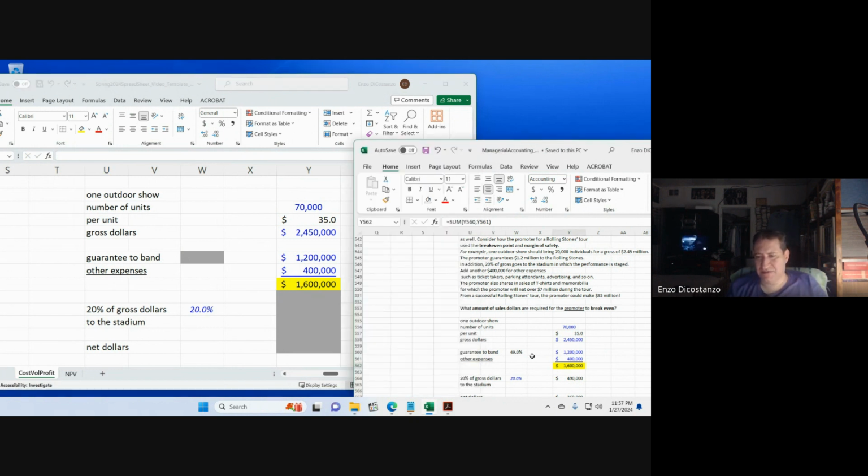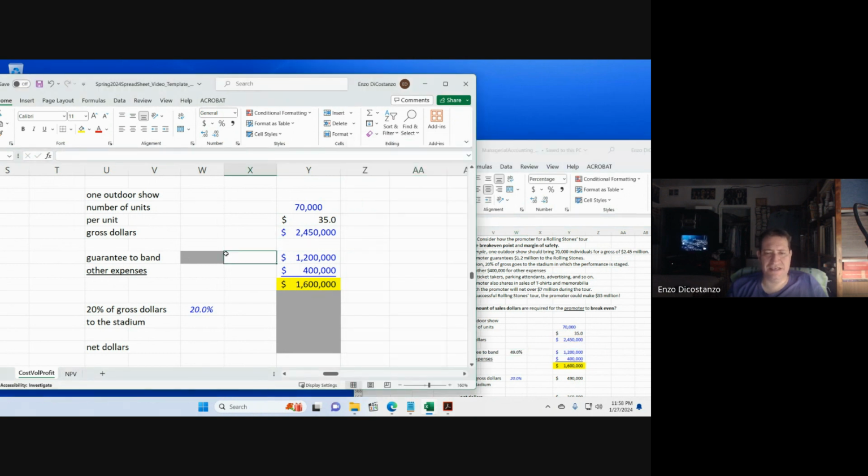So what we did, I think, is the 49. The textbook maybe discusses this a little bit. So it's about 50%, right? So what the band is guaranteed is about 50%, or 49%.